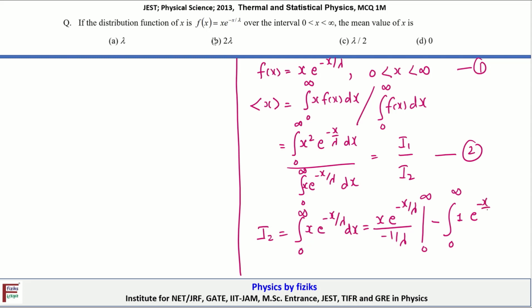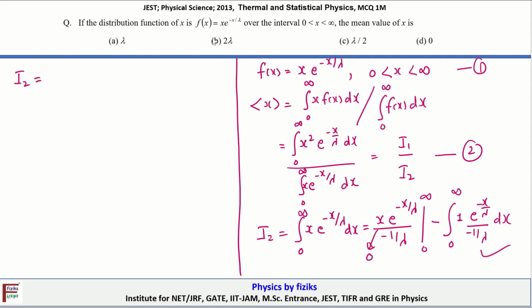Upon substitution of the limits, this expression reduces to 0, so we are left only with the second term for the evaluation of I2.